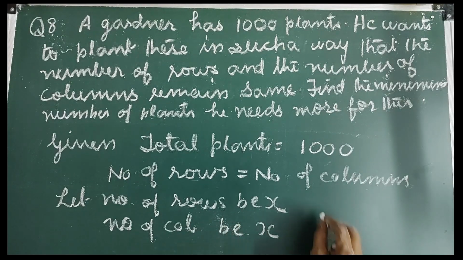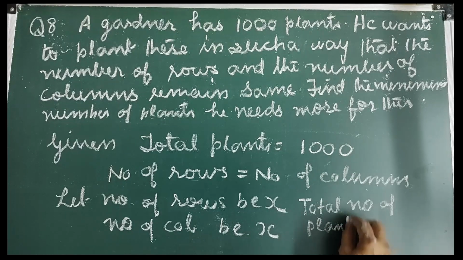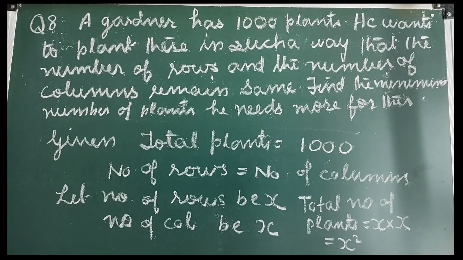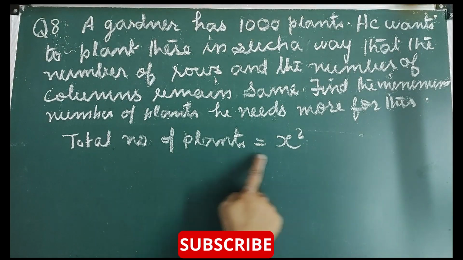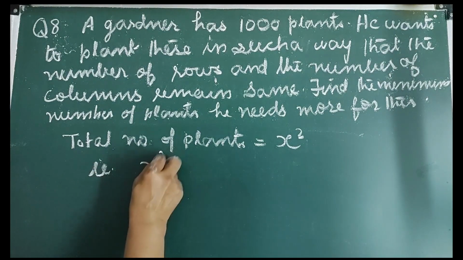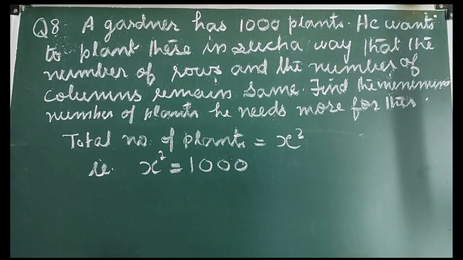Then the total number of plants equals x into x, that is x square. So x square equals 1,000, as given in the question.